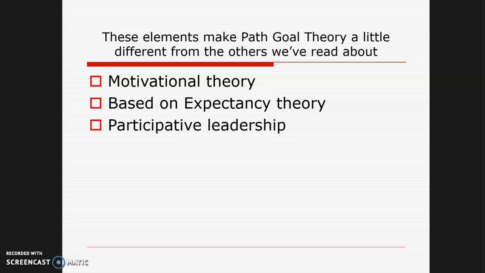It involves participative leadership. And it involves the leader removing obstacles in the path of the followers towards their goal. These differences were highlighted in the screencast I did, and they're also very highlighted in the textbook. So you didn't have to get all four of them, but the more you got, the better.